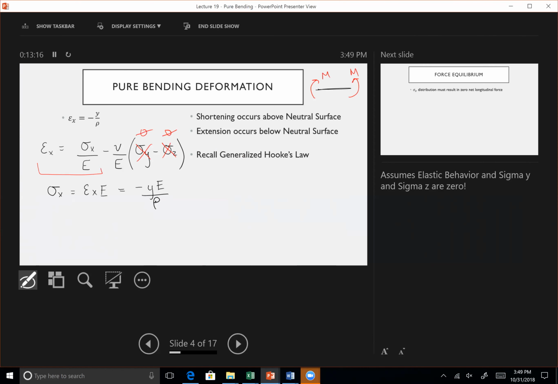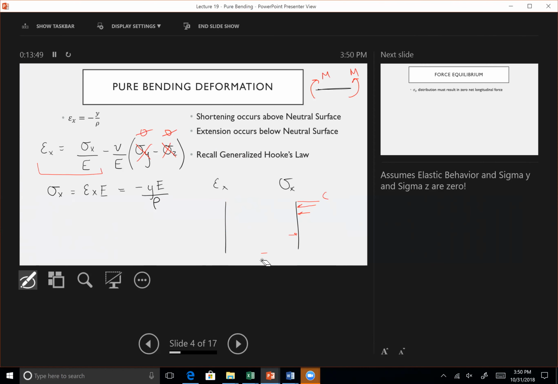So what that means is that our strain and our stress, if this is our cross section, in both cases, they look like this, right? I feel like I probably drew that backwards.